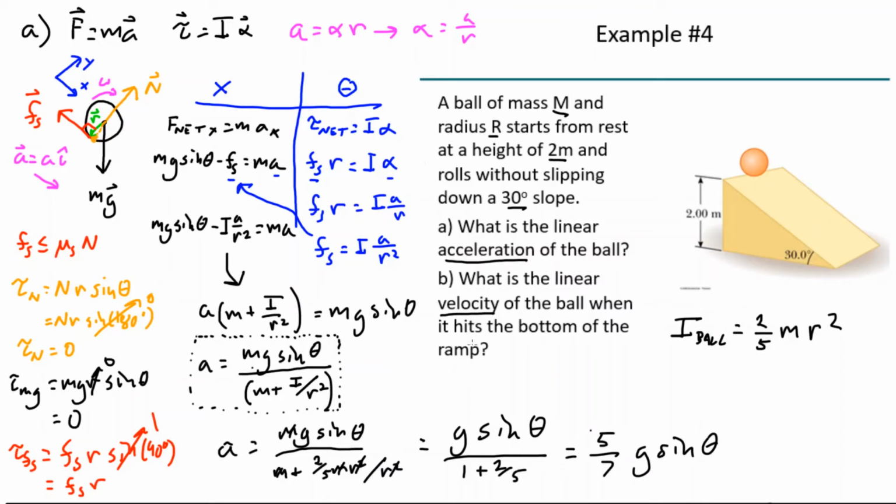Okay, so this is pretty interesting. The moment of inertia of any round object rolling down an incline is going to be some multiple of mr squared. So the acceleration of any object rolling down an incline is just going to be g sine theta, which is what we would get if it were sliding without friction, times some fraction. In this case, that fraction is 5/7. And that fraction does not depend on m or r.